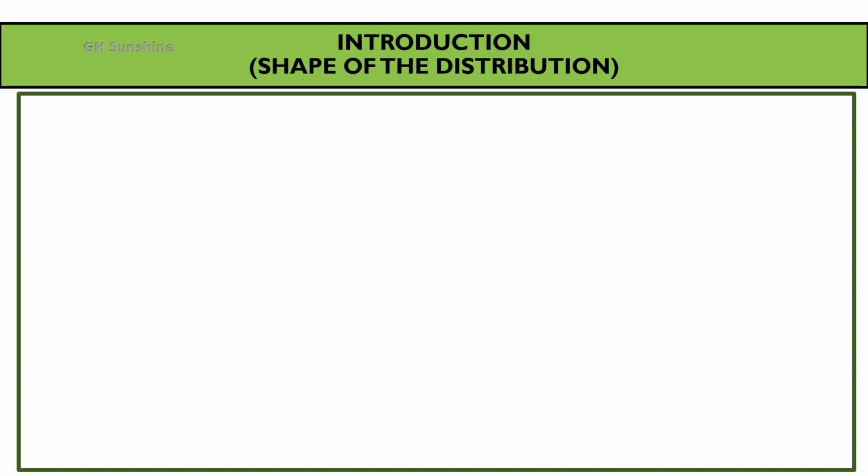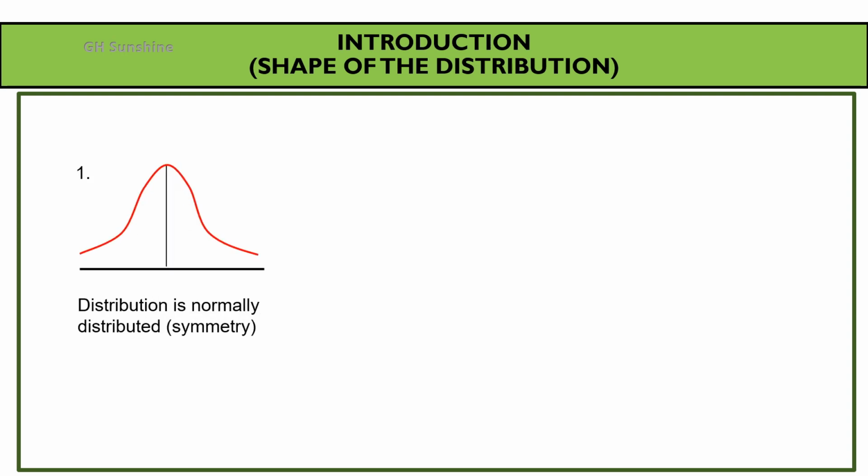Shape of the distribution. There are three common shapes of a distribution. First is distribution is normally distributed or symmetry. So this one, a normal distribution shows a bell-shaped distribution where it has no skewness.